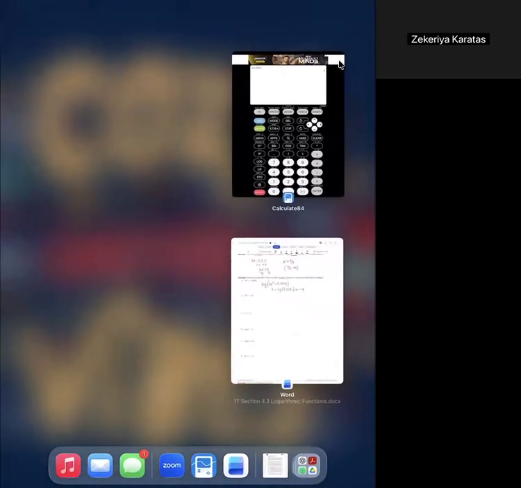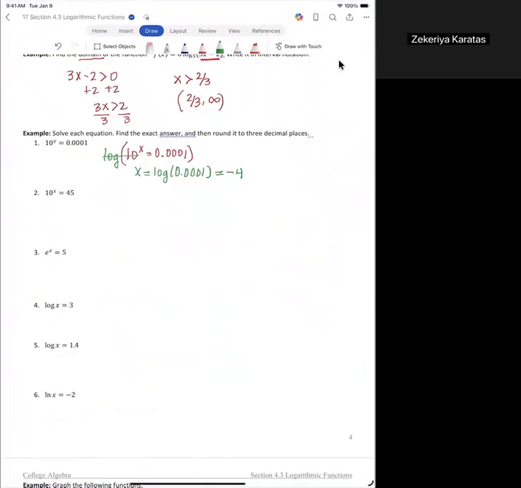Now let's take a look at the other one. It's a similar idea. Again, we apply log to both sides to get rid of the base. So log of 10 to the x equals log 45, and these two cancel each other.